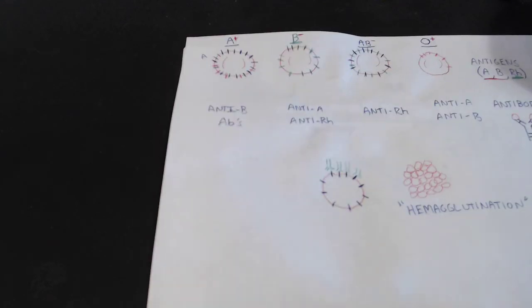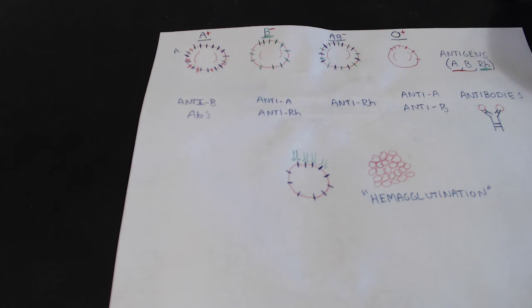This is not the same thing as blood clotting, so please try to not confuse the term. Hemagglutination refers to this clumping of red blood cells in an affected area once those antibodies have recognized their antigen counterparts, and this is a very bad thing.